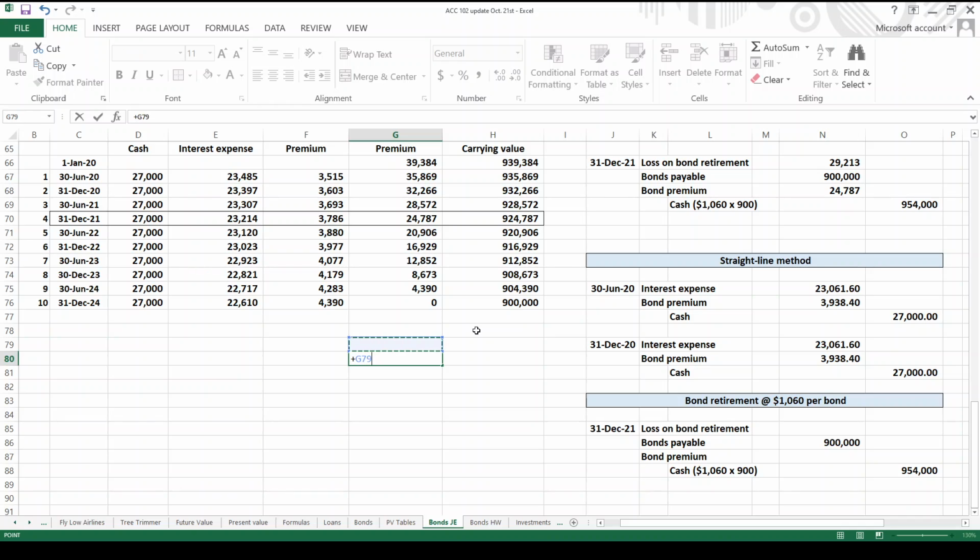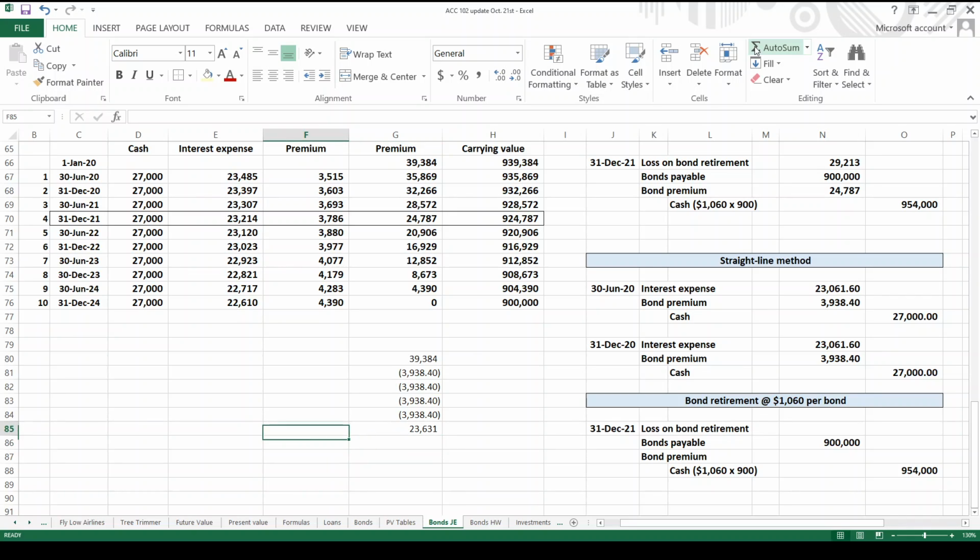We started with 39,384, and then we're going to amortize 3,938, yeah? And what does it come out to if you knock off 4 of those? And the answer is 23,631.